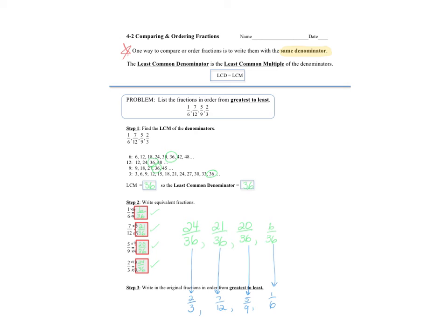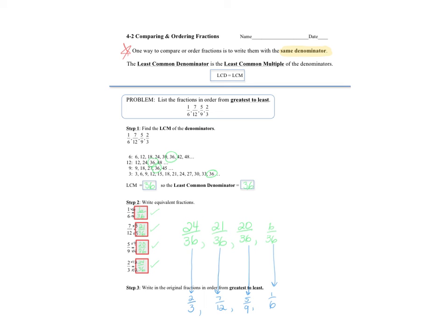There's one more thing I want to share with you, kiddos, before we are all done with this video. So this was me listing the fractions, and I just listed them and I put commas in between them. And that is perfectly fine if you're asked to list them in a certain order, sometimes least to greatest, sometimes greatest to least. But sometimes you are also going to be asked to use what we call inequality signs.